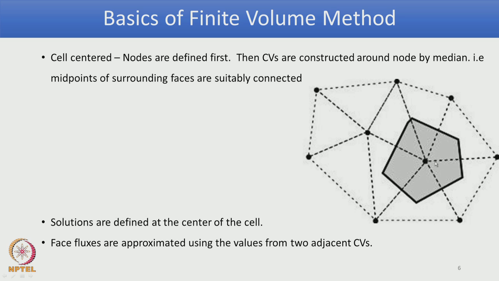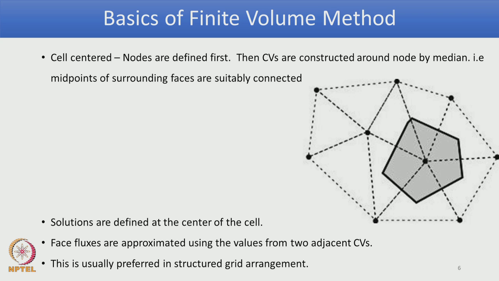In this procedure, solutions are defined at the center of the cell, and face fluxes, that is the flux crossing each control surface, are approximated using the values from two adjacent control volumes. So, if you look at this surface, whatever flux is crossing is defined based on two adjacent control volumes, and these are usually preferred in structured grid arrangement.